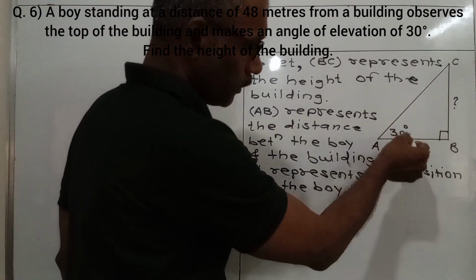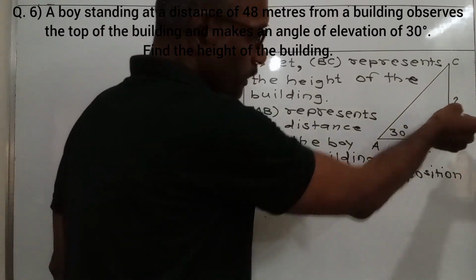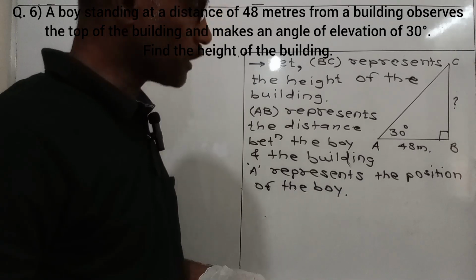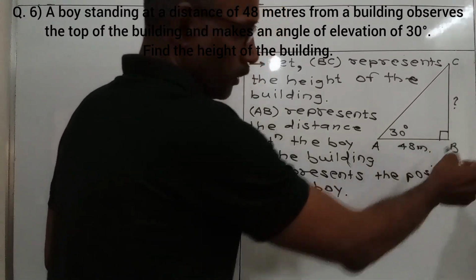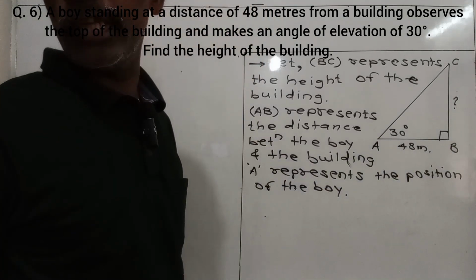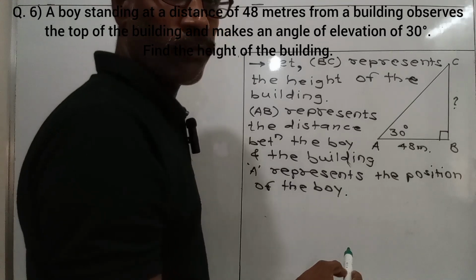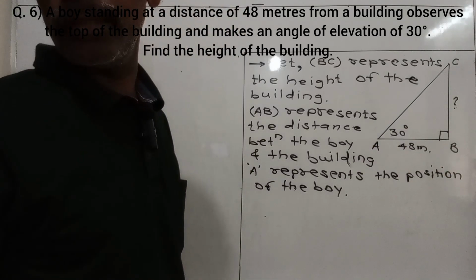Now see this. This is angle A, 30 degrees, and the opposite side of 30 degrees is BC, which is to be found. We are given AB, 48 meters. We have the opposite side of angle 30 and the adjacent side of angle 30.